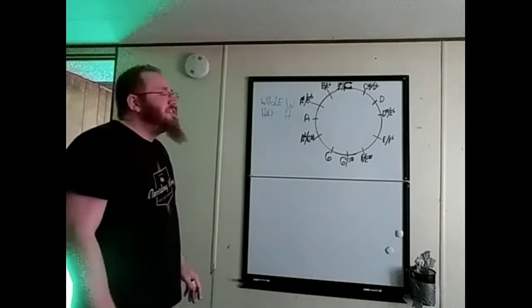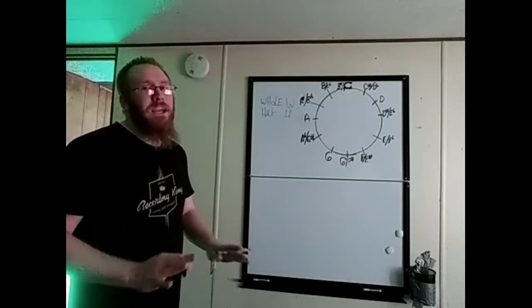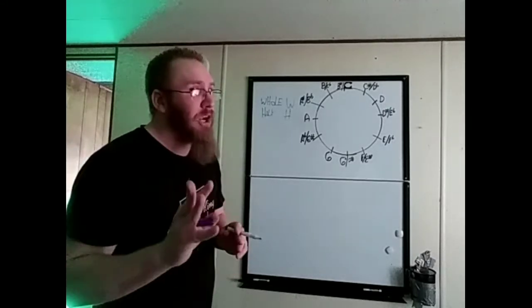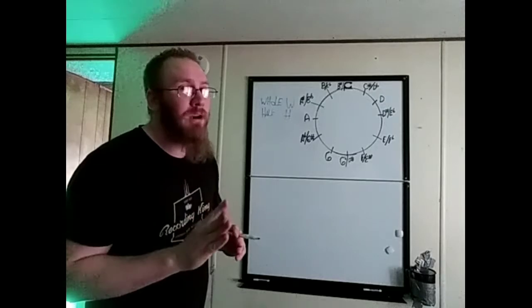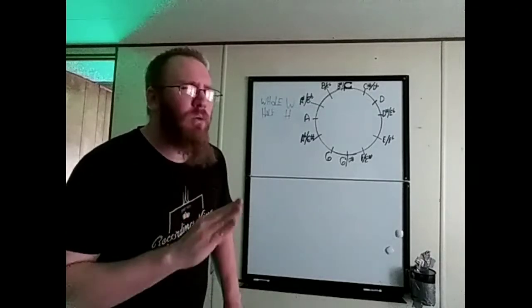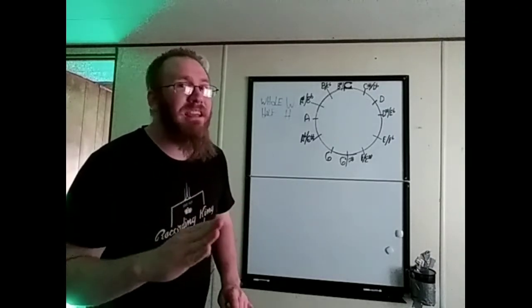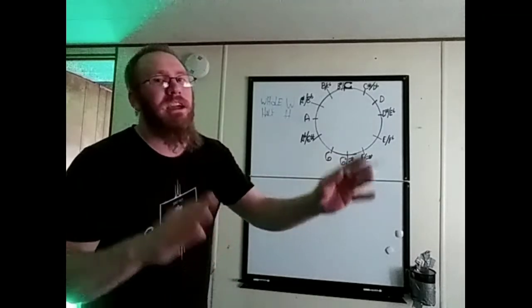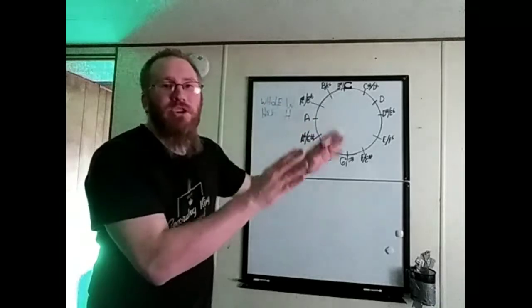Now, to get a C major scale or C Ionian scale, you've probably heard that term once or twice before and were scared of it. Don't worry about what the term is, because it really means nothing in music. It's just a location name.